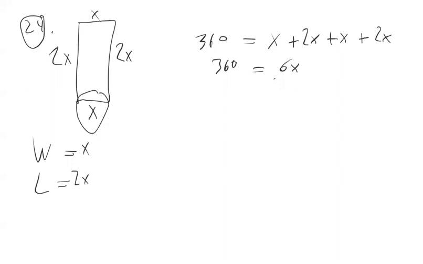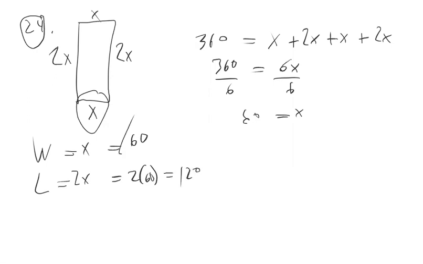If we divide by 6, we'll get 60 equals x. So x equals 60. So the width of it is 60. And then the length of it is 2 times x, so 2 times 60 is 120. The width of it is 60 and the length of it is 120. So there we go. Now let's do problem 25.